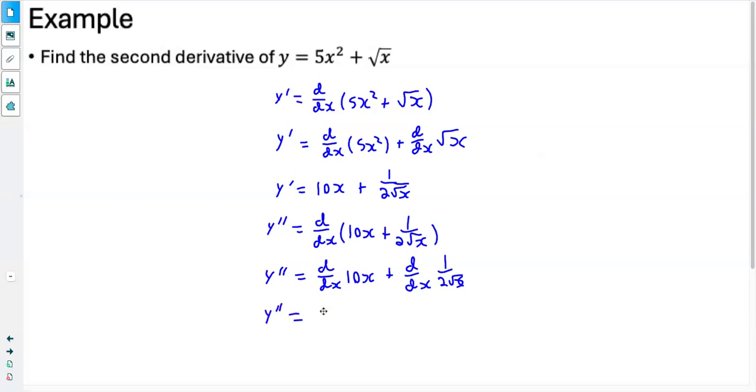So our second derivative is 10 minus 1 over 4 square root of x cubed.